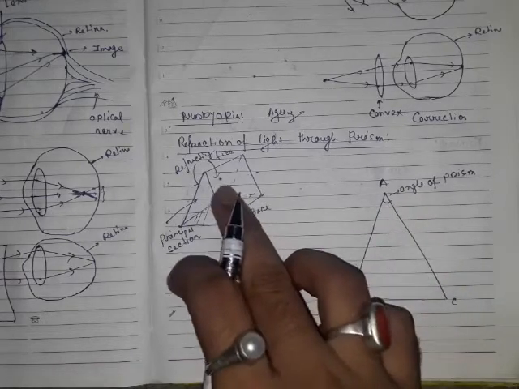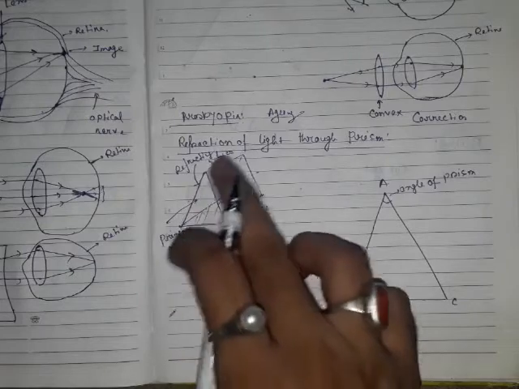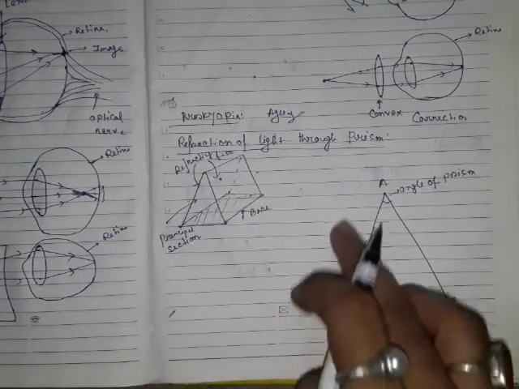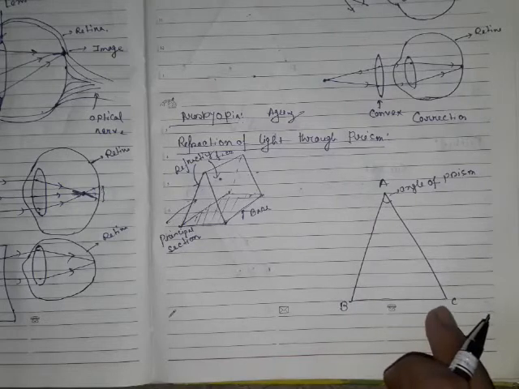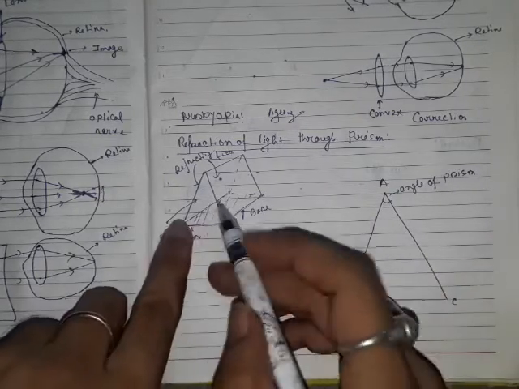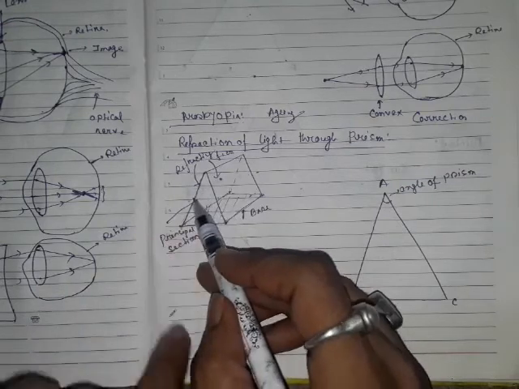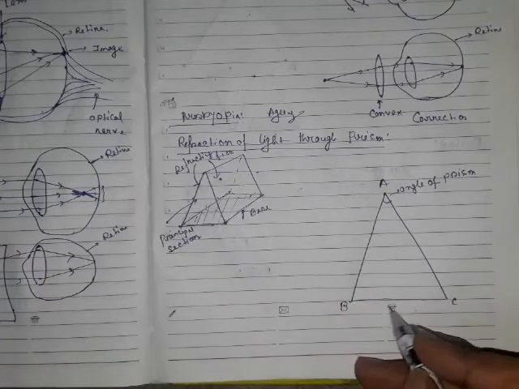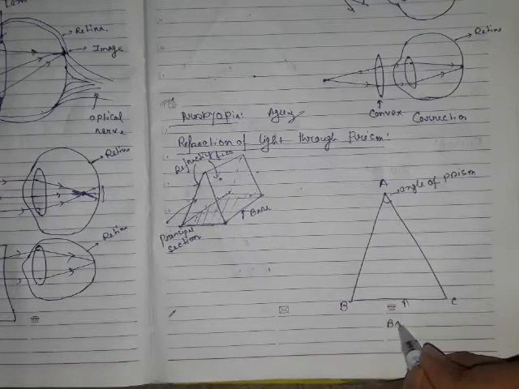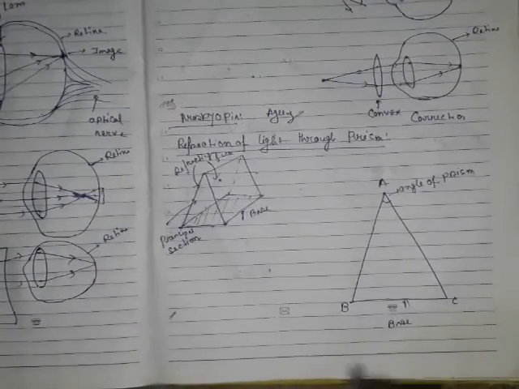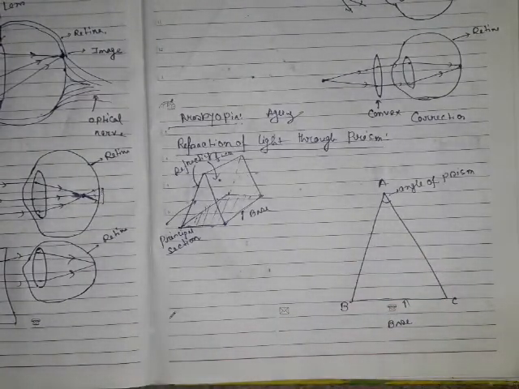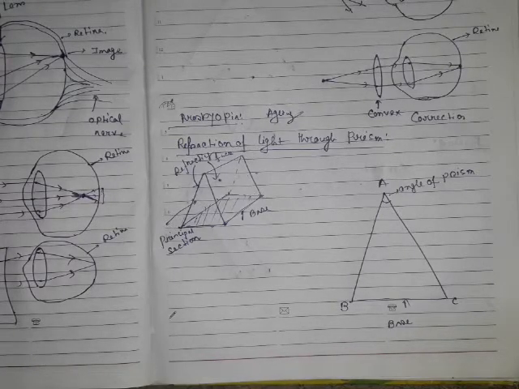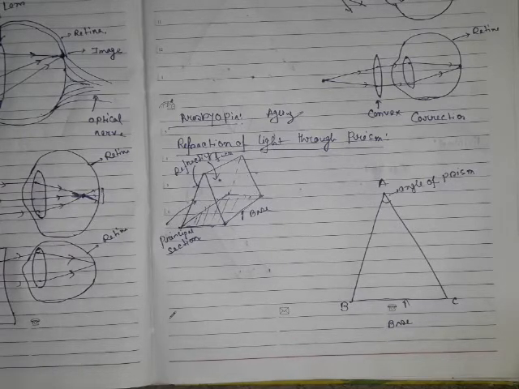Now we will continue with this principal section. We are not always going to draw the whole tent-like structure; we will draw the principal section only. For this principal section, the right one and the left one are your refracting faces, and the bottom one is your base. Light can be incident on any of the refracting surfaces and emerge from the other face.